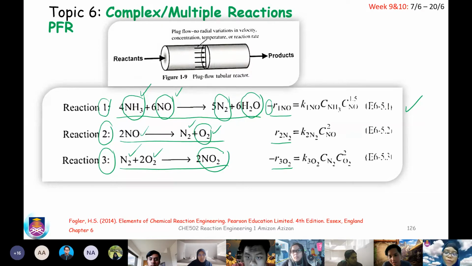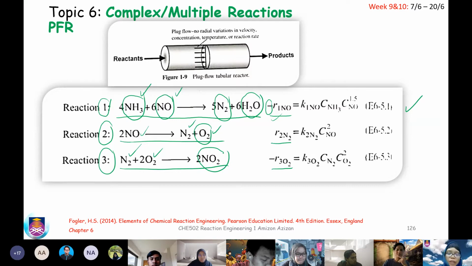So why don't we write the rate of disappearance of ammonia? Why? The answer is, it's not the key reactant. Why is it not the key reactant? Why do we call it key reactants?